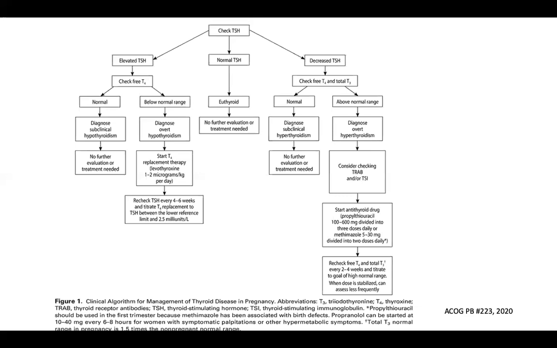Now, the other antibody that we hear a lot about is TPO, thyroid peroxidase. TPO is associated with Hashimoto's. It does not cause hypothyroidism in the fetus, and you don't need to check it. Next slide.